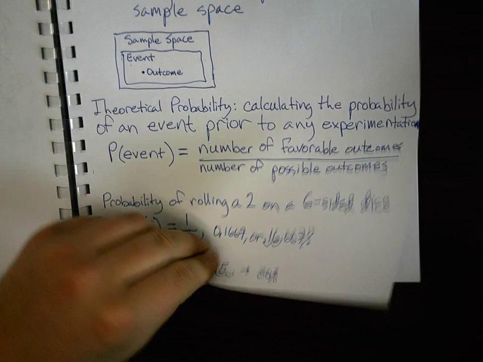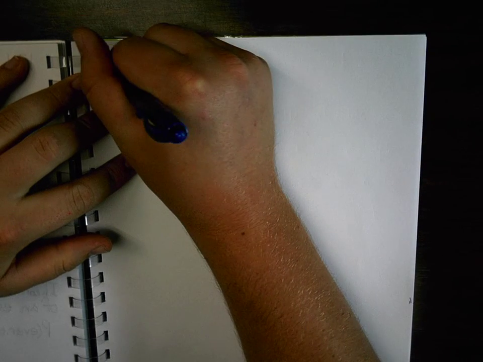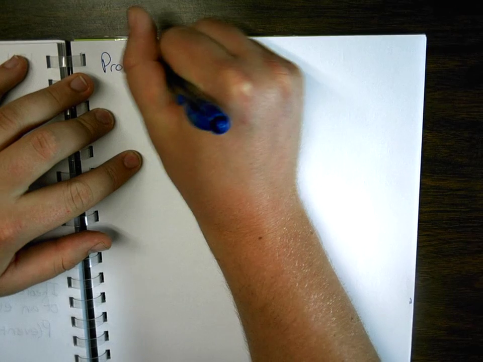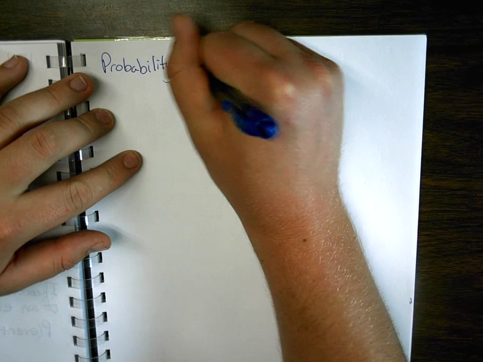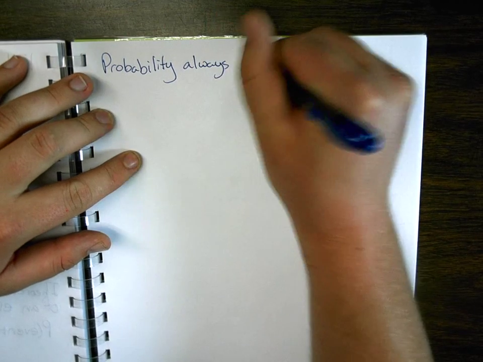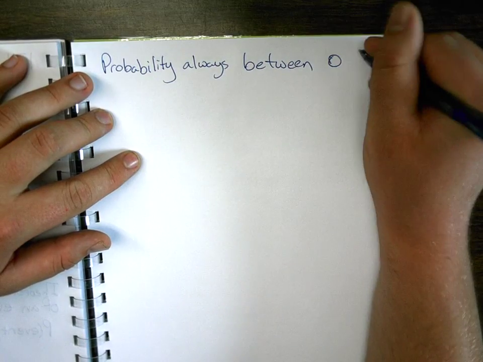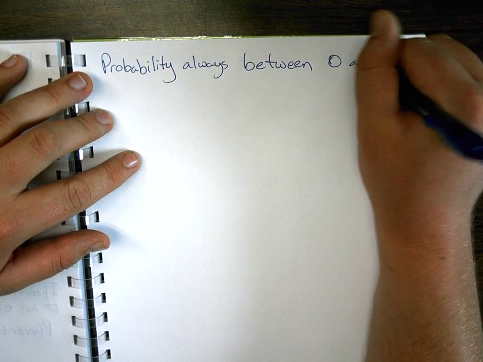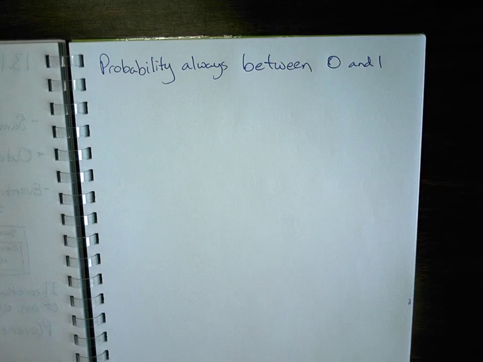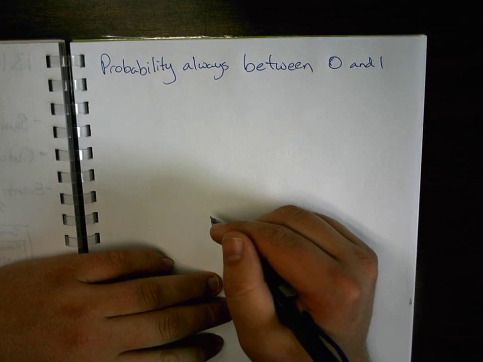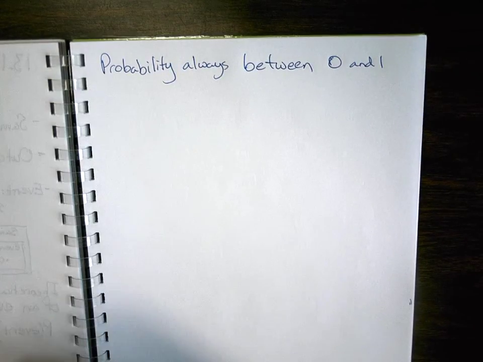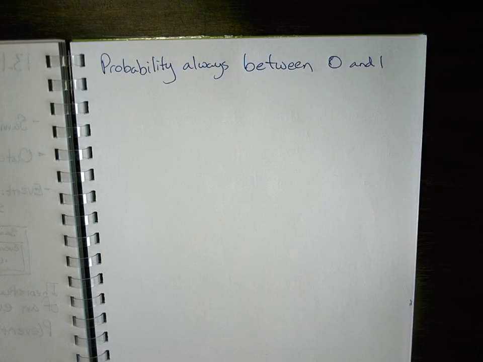So probability, I'll do it on this page. Probability is always between 0 and 1. You could have a probability of 0, right? So I could say, what's the probability of my rolling a 7 on a 6-sided dice?